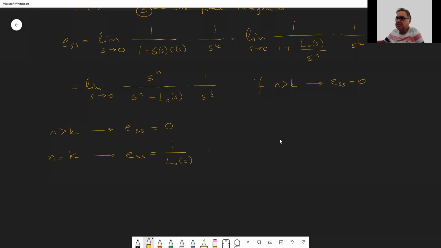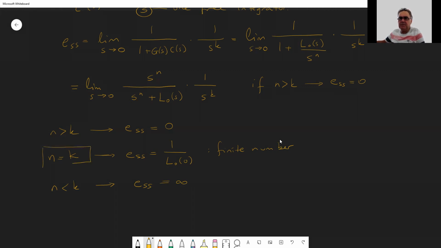That is probably a finite number, because L0 does not have free integrators in it, it doesn't have free s terms. And if n is less than k, the steady state error, unfortunately, goes to infinity.